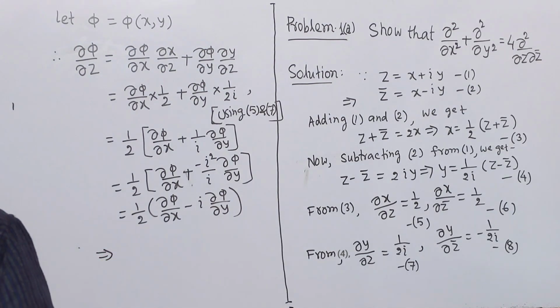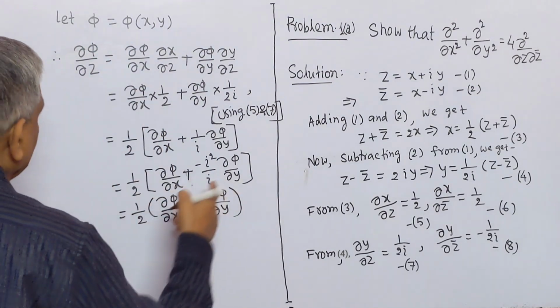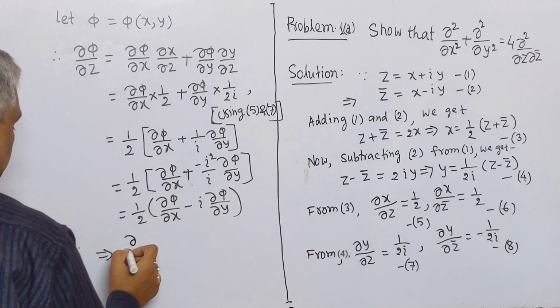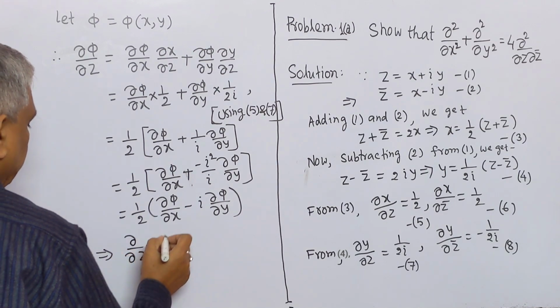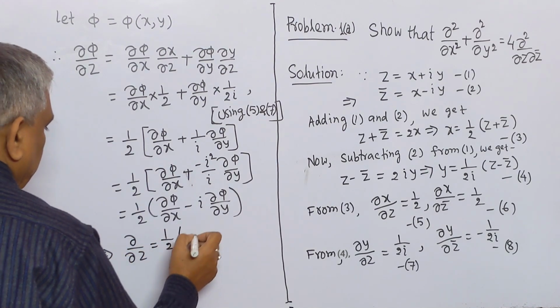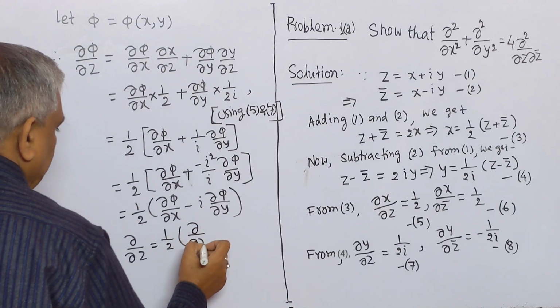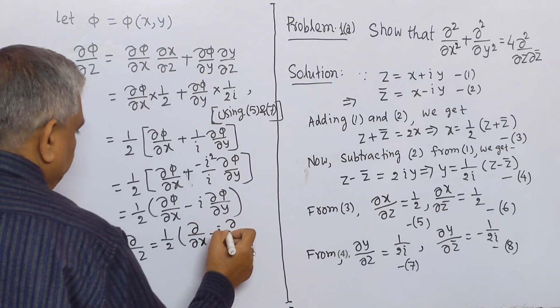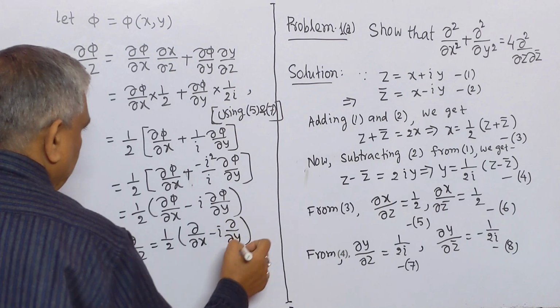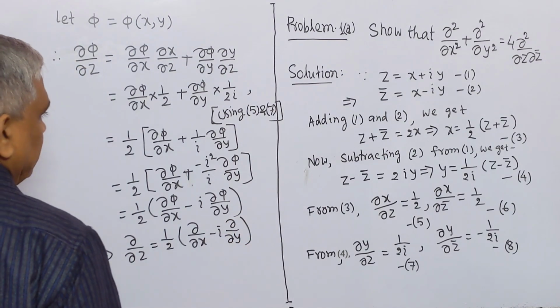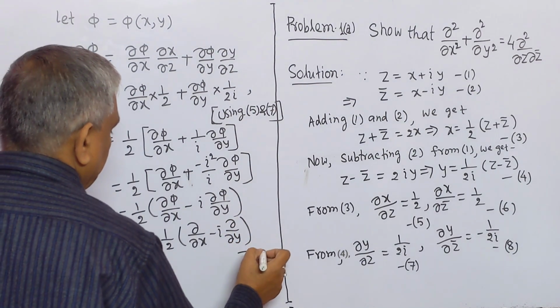Implies that if we do not mention phi, we will get del by del z equal to half del by del x minus i del by del y. This is number 9.